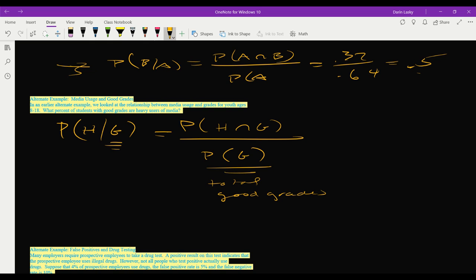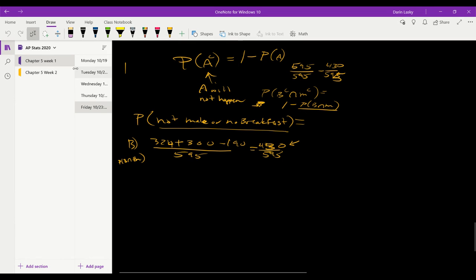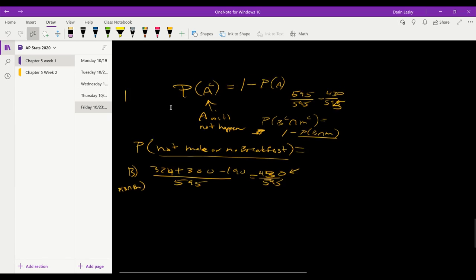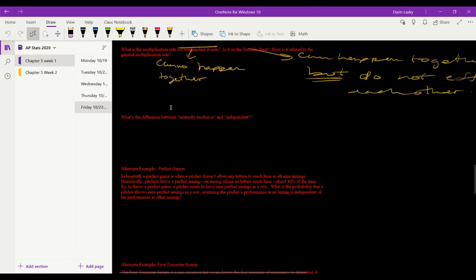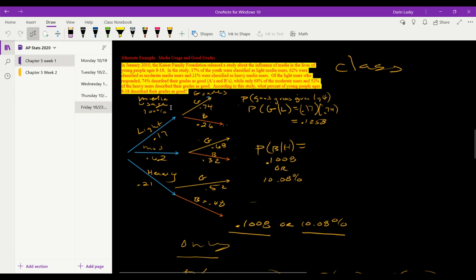Let's go back to last week, I think it was Friday, where we did a tree diagram. There it is. What we want is the probability that they are heavy users that get good grades.